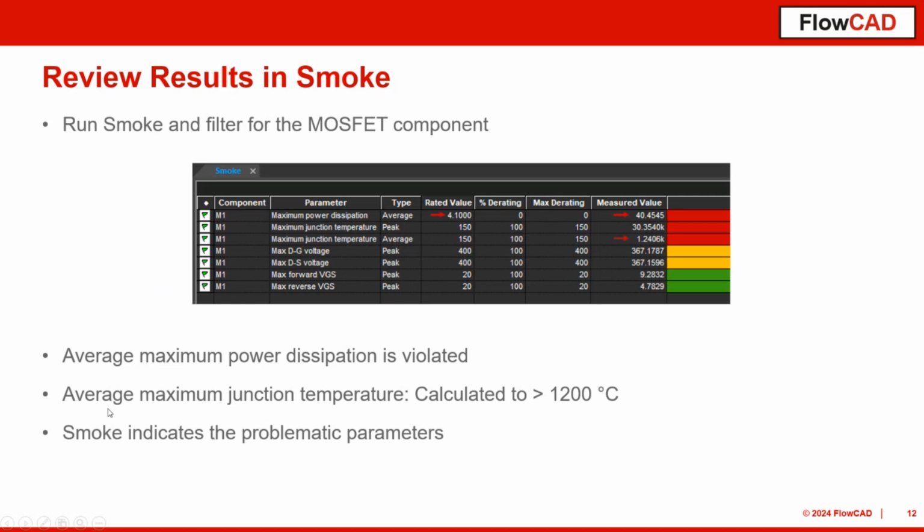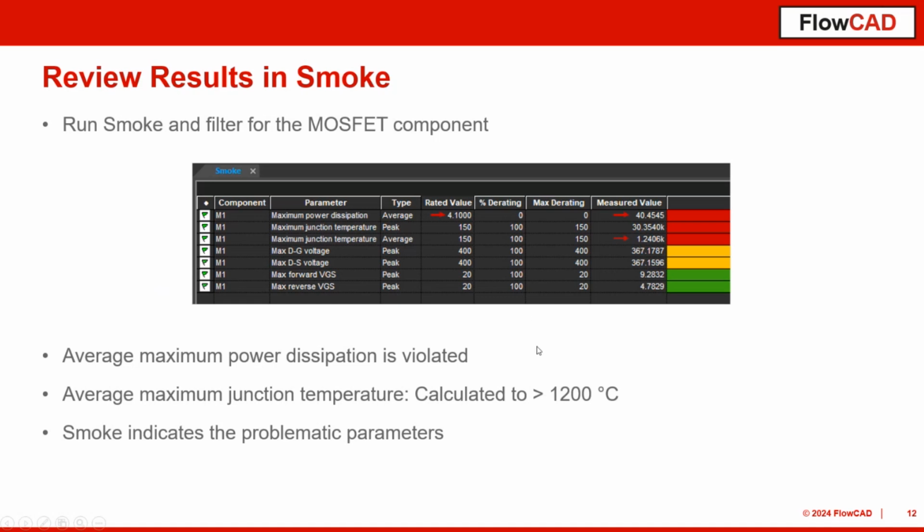And we see also that the maximum junction temperature for this device is heavily problematic, because we have a calculated temperature of more than 1,200 degrees centigrade. Now you know why Cadence used the name smoke for this analysis. So that would not live very long, this device. We see clearly the problematic parameters for this device, and we have to act.